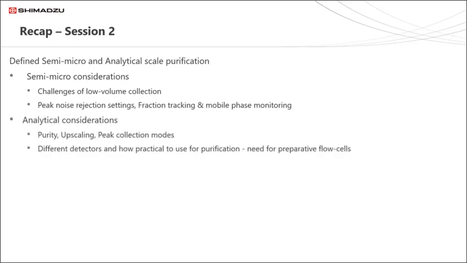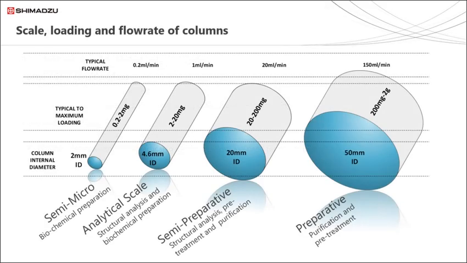Analytical considerations: purity, upscaling, peak collection modes, different detectors, and how practical they are to use for purification, and the need for preparative flow cells. Scale, loading, and flow rate of columns from semi-micro to preparatives as an overview. This was covered in sessions 1 and 2.